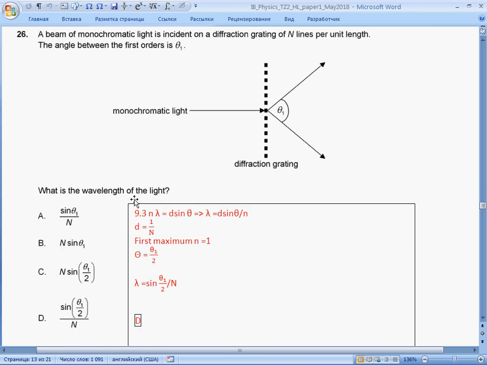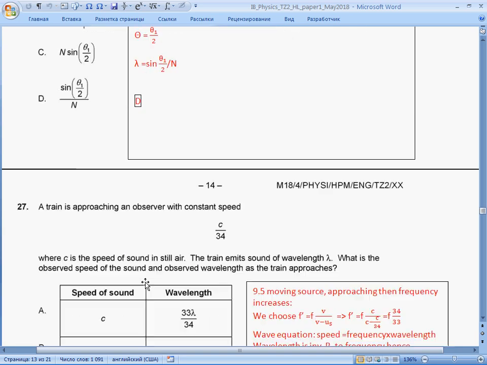What is the wavelength of the light? So section 9.3, formula for diffraction, n is 1, distance between slits is 1 over n, angle theta is actually half of this angle, and we get formula D.